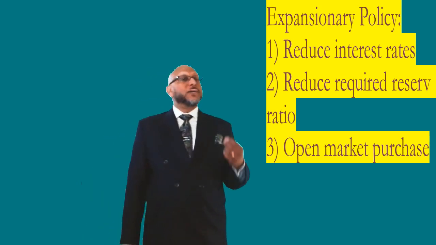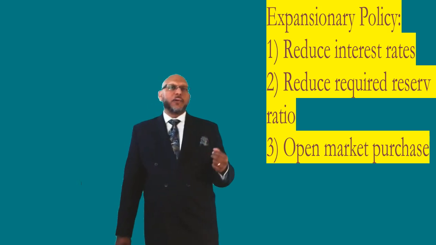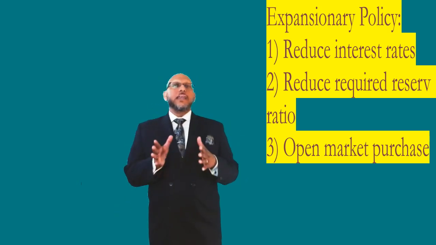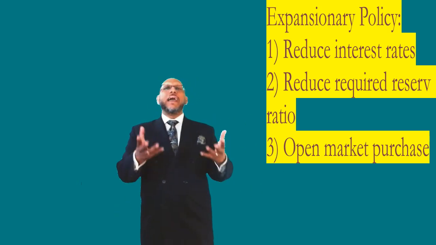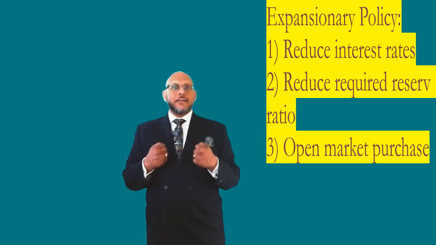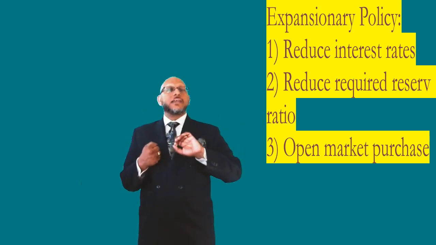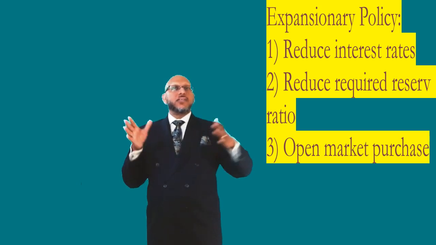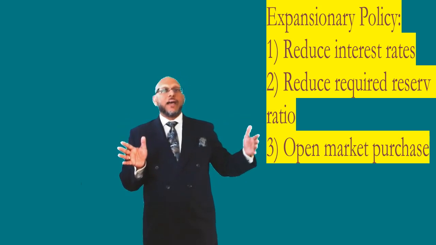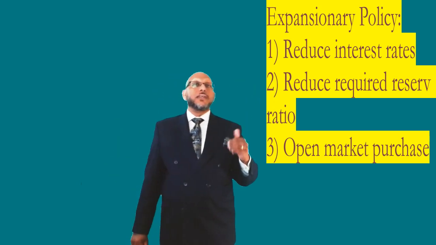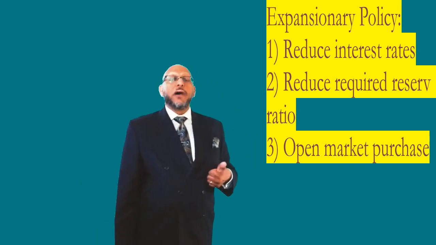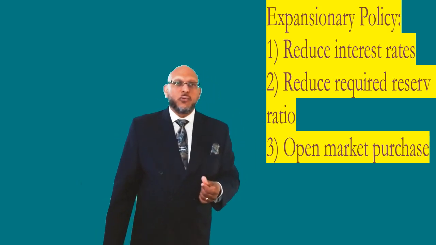And three, they can do an open market purchase. In an open market purchase, we put cash into and increase the money supply by the Federal Reserve buying bonds and exchanging them for cash. That cash increases the money supply, interest rates go down, encouraging more borrowing and discouraging more savings.